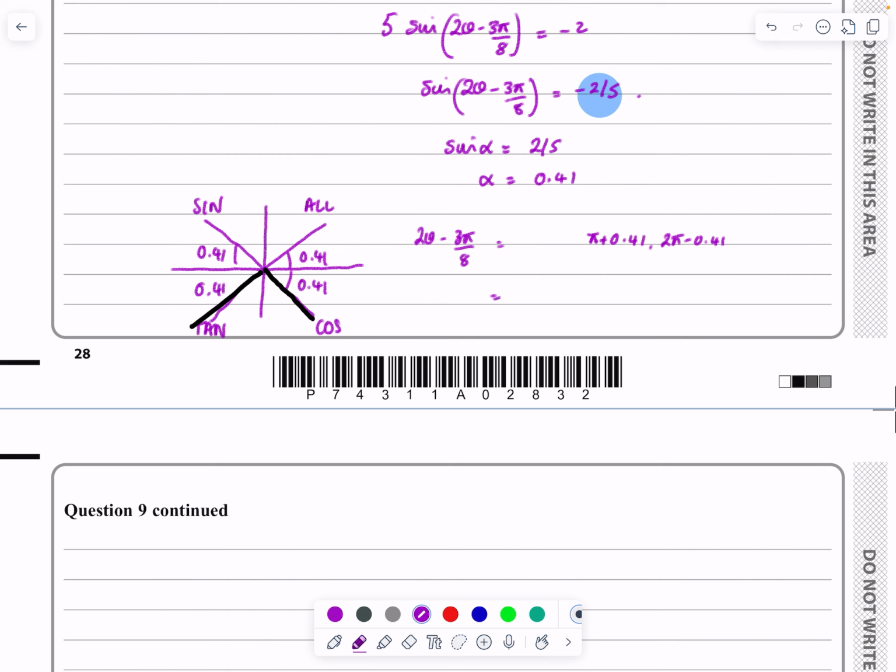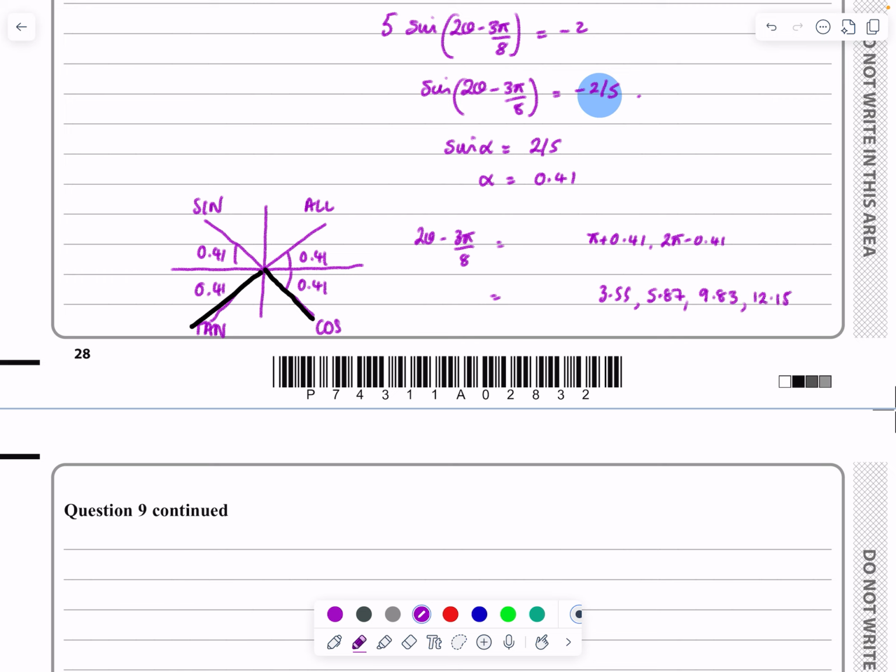So pi plus 0.41 works out to be 3.55. The next one after 3.55 is 5.87, and if I add 2 pi onto both of those, I get 9.83, and I also get 12.15.